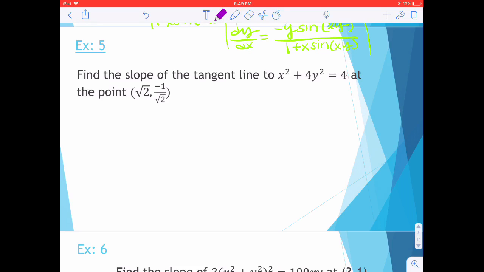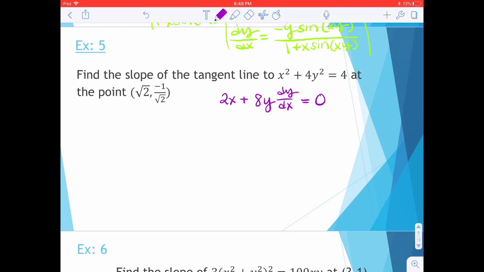Okay, so first we want to differentiate with respect to x because we want to find the slope of a tangent line. So when we differentiate x squared, we just get 2x. When we differentiate 4y squared, we get 8y dy/dx equals the constant, so it's 0.